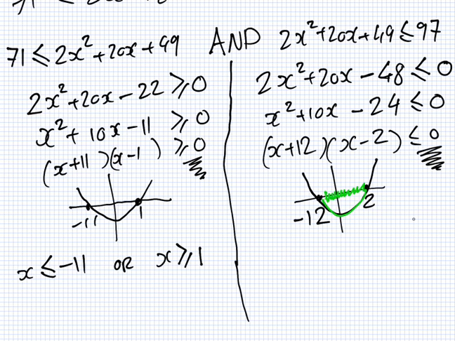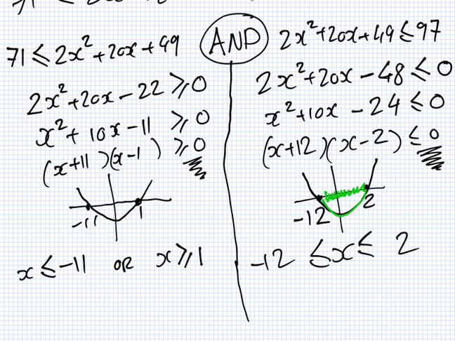I don't like writing it like this. The way I like to write it is x must be between minus 12 and 2. Now this isn't finished yet, because we have to put both answers together because of the and here. We want both of them to be true.